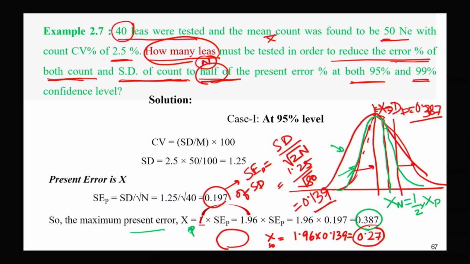So 0.27 is the maximum error at present. Now the new maximum error for standard deviation will be half of 0.27, which is 0.136.